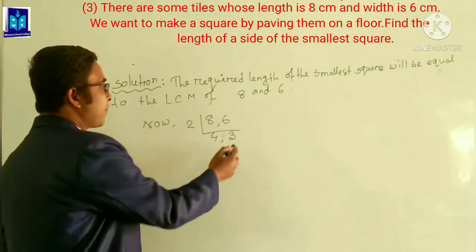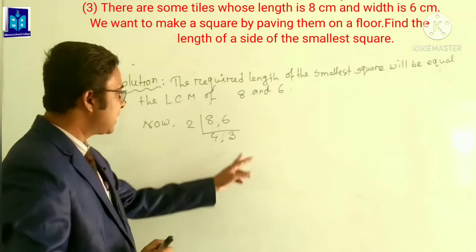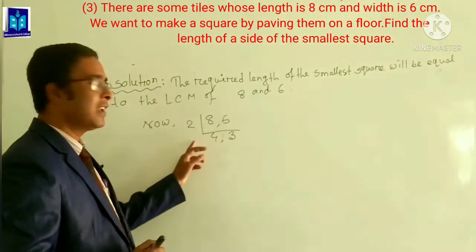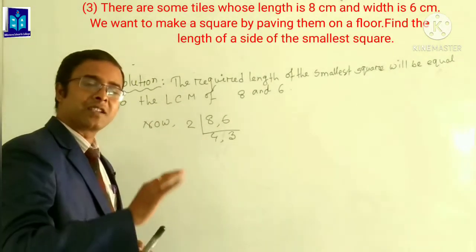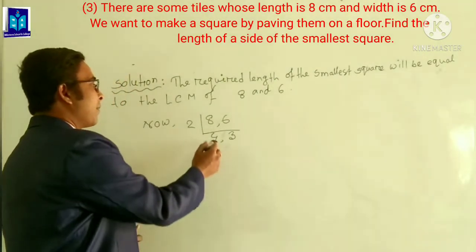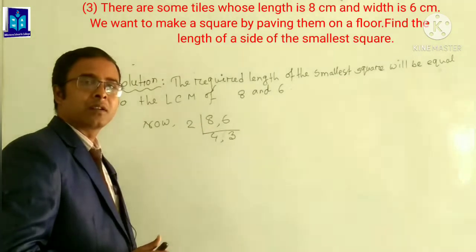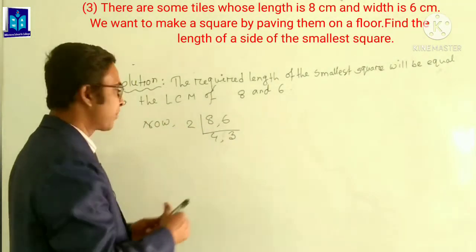Now you see, this 3 is a prime number. If we divide this 3 by 3, easily we can divide, but this 4 we can't divide by 3. Again, this 4 is divisible by 2, but 3 is not divisible by 2. So we will stop up to this.